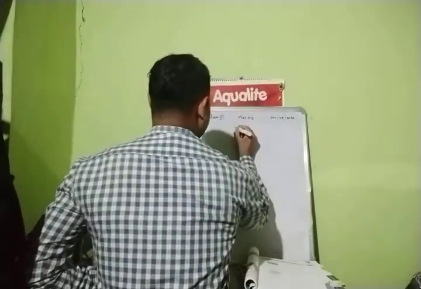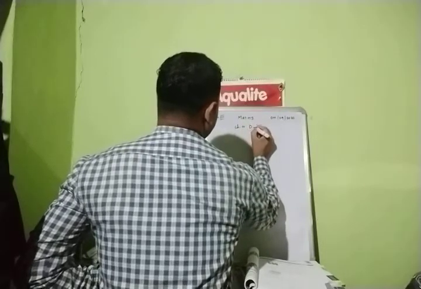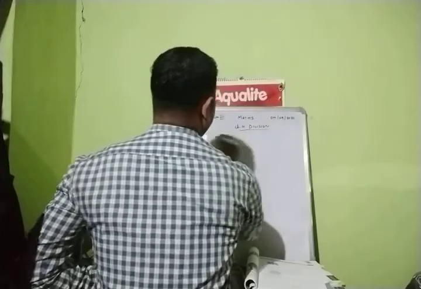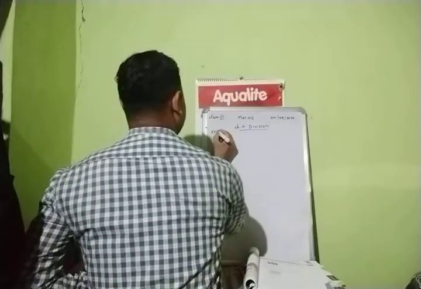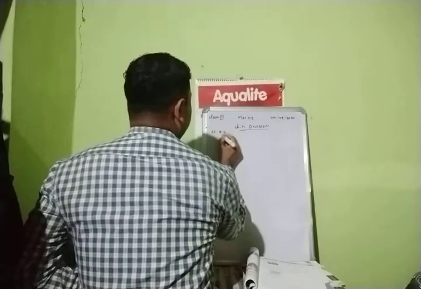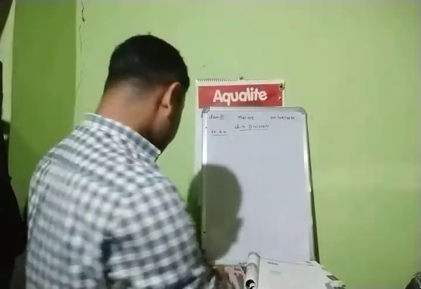Chapter number 4, division. Exercise 4.4. Alright children? Okay. Now let us solve it.